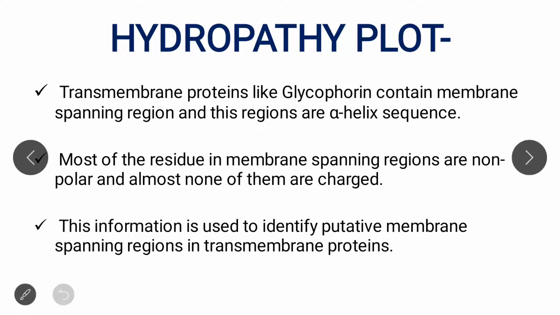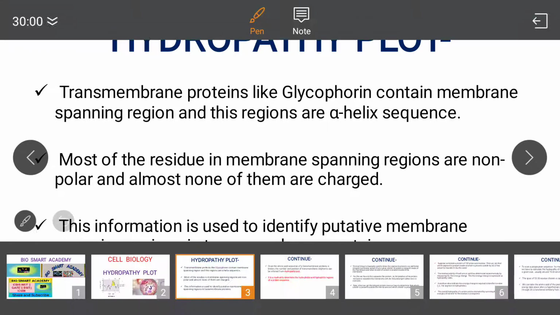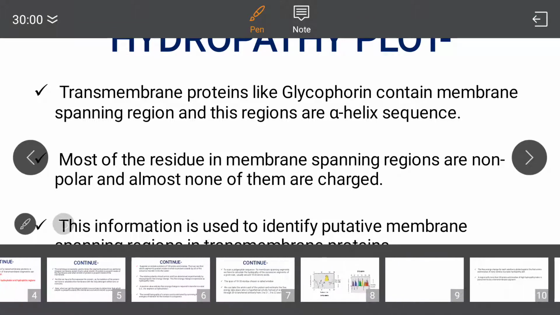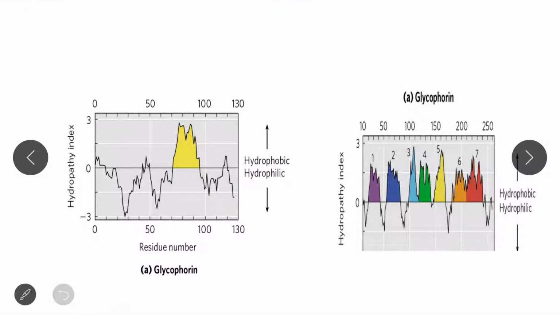Now I will explain this hydropathy plot with the help of a graphical representation, so that you get a clear idea. Then I will make it clear by reading this PPT. So let's start.